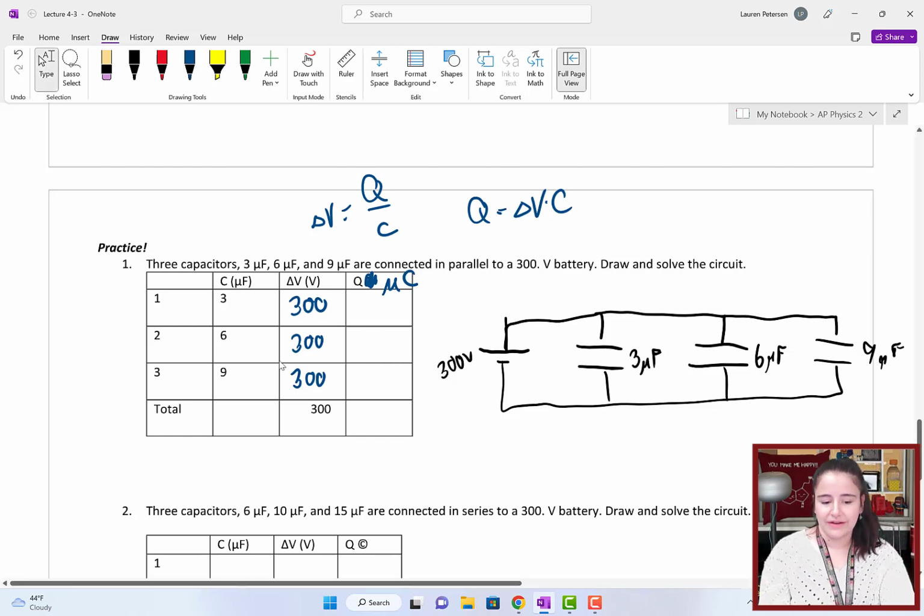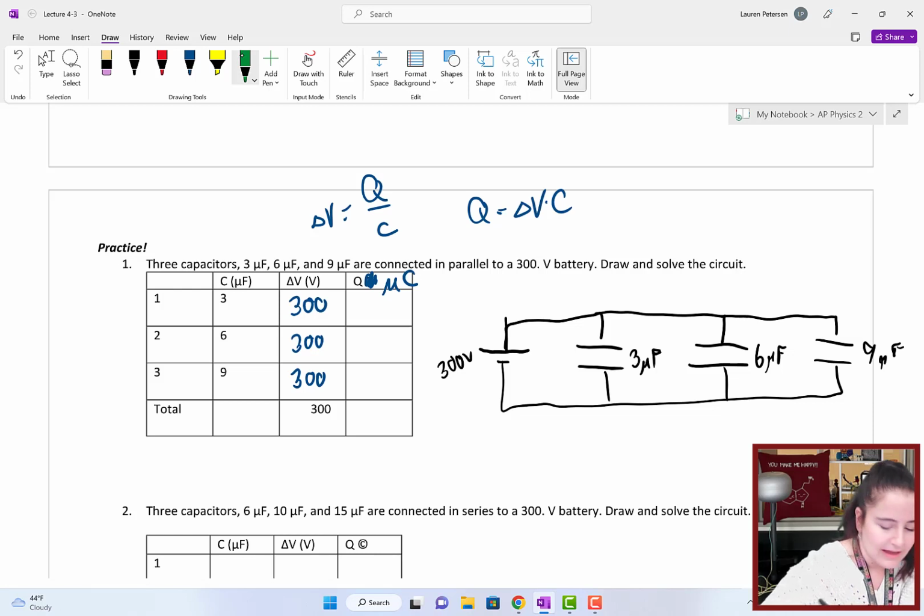So we have 3 times 300 for a total of 900 microcoulombs. If you're doing it in regular units, it'd be 9 times 10 to the negative 4 coulombs. Here we would have 1800 microcoulombs, and here we would have 2700 microcoulombs.